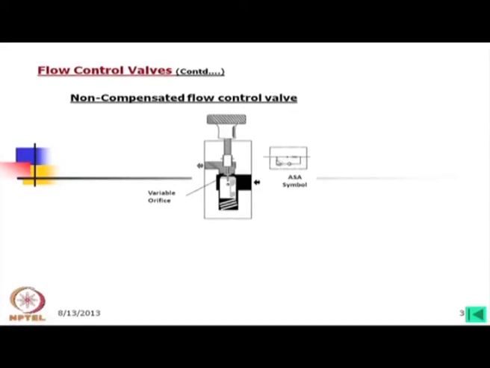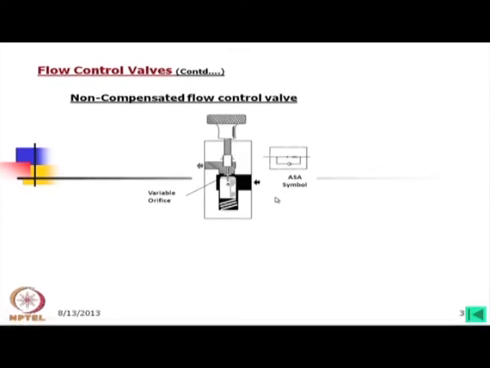As you see, this configuration is presented by this symbol. When the flow is coming from the left side, it goes through the throttle valve, whereas when the flow is coming from the reverse side, it goes through the check valve.